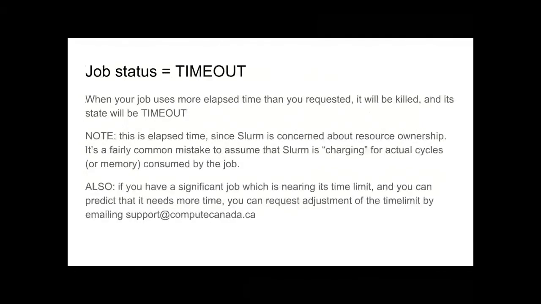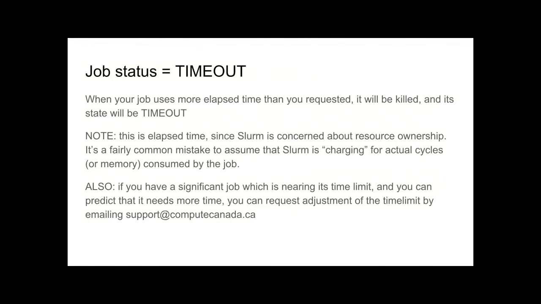So when you use too much time, Slurm considers that to be a timeout. The job will get killed, obviously. It's also important to note that this is elapsed time. Some people think that we're billing based on resource usage, so they might be surprised that if their job hasn't used very many actual cycles, it still gets killed at the end of its timeout period.